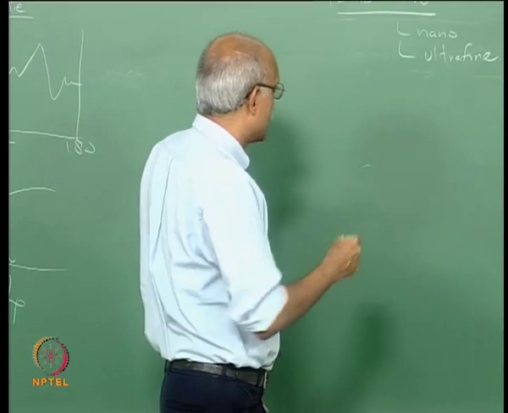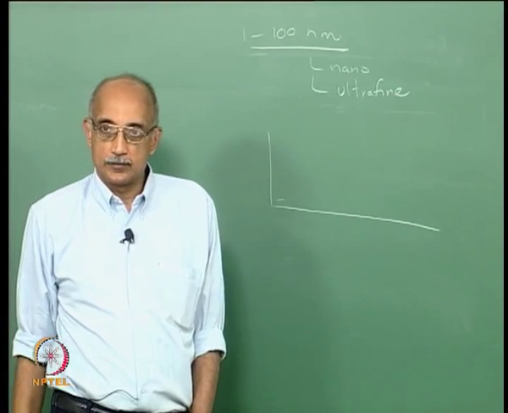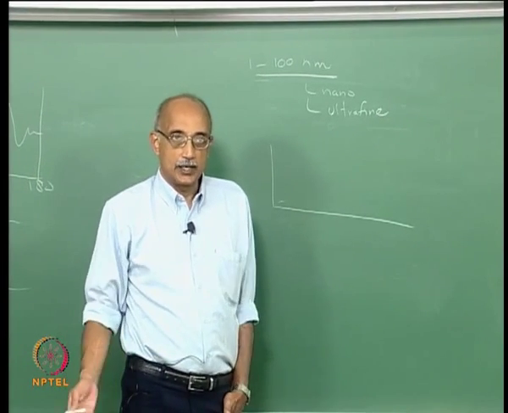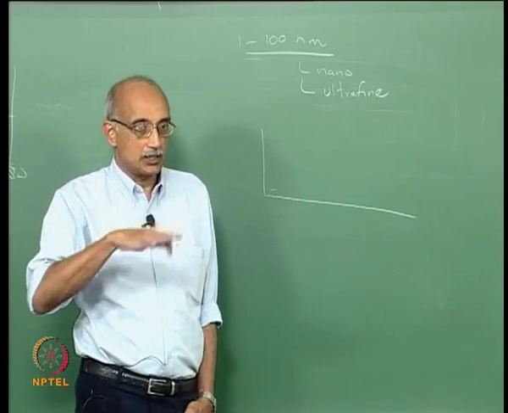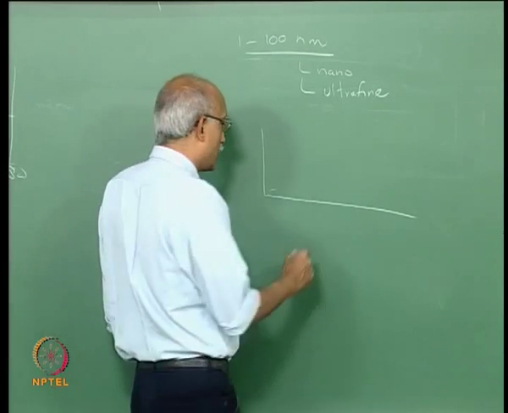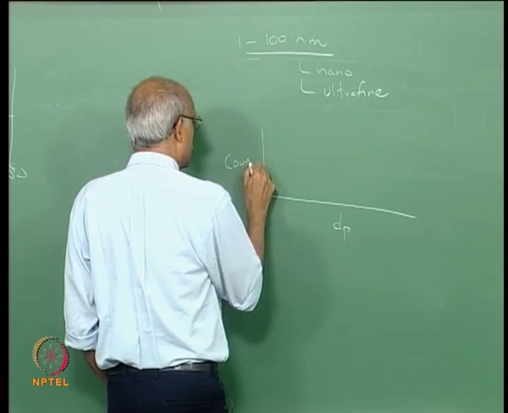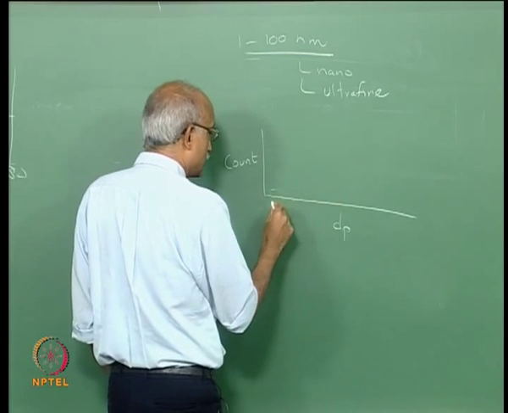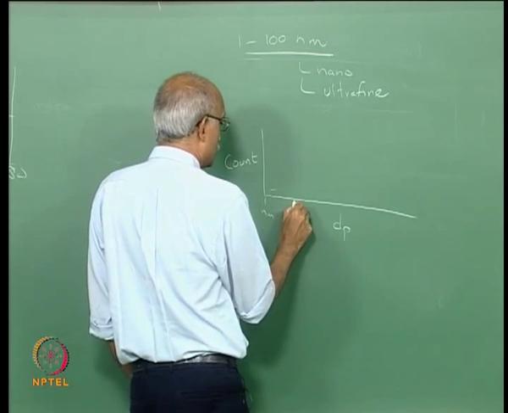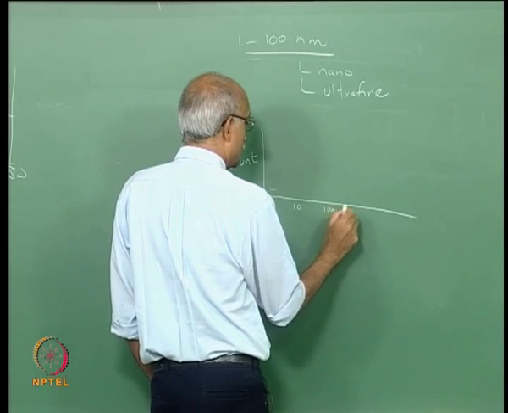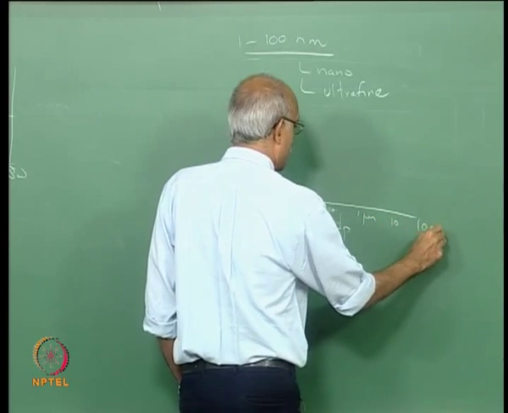It's very interesting that no matter what region of the world you are in or what the topography of the land is, you get essentially the same signal or characteristic shape of this curve. So if you plot size on this axis versus, let's say, count on the vertical axis, and you plot this all the way from 1 nanometer, let's say, to 10, 100, 1 micrometer, 10 micrometers, 100 micrometers, and so on.